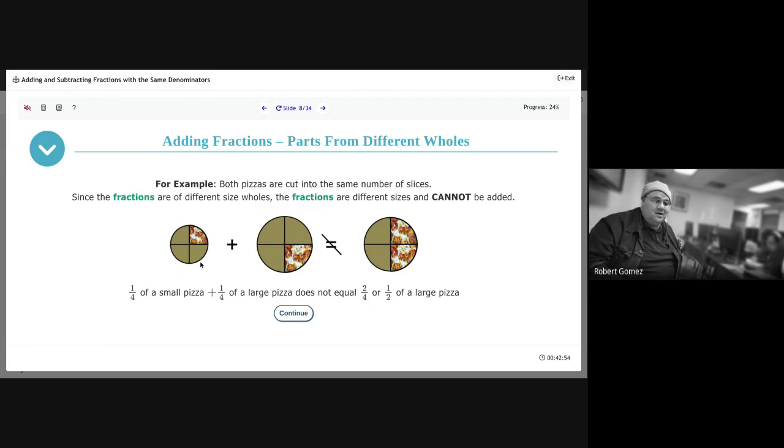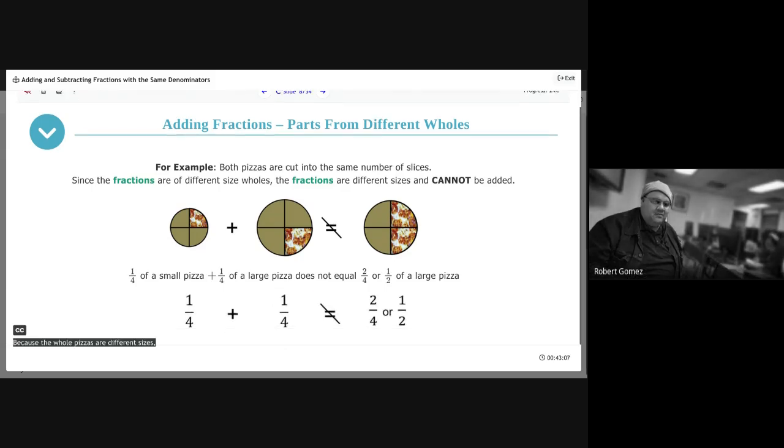Even though they've been cut into fourths, this one right here is smaller than the other. That's not going to work, right? So there's something to think about, okay? So this 1/4 and this 1/4 do not equal. And hey, look at this right here.